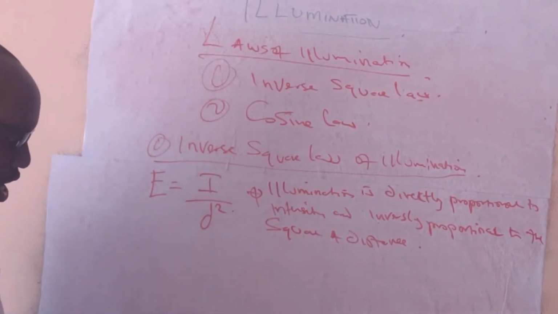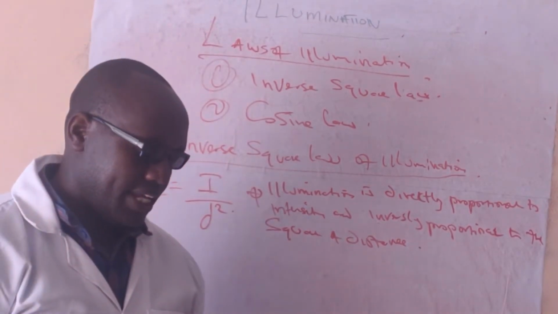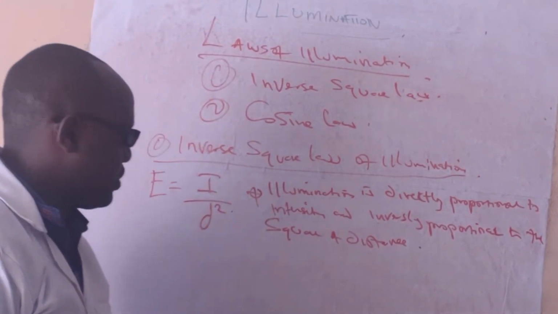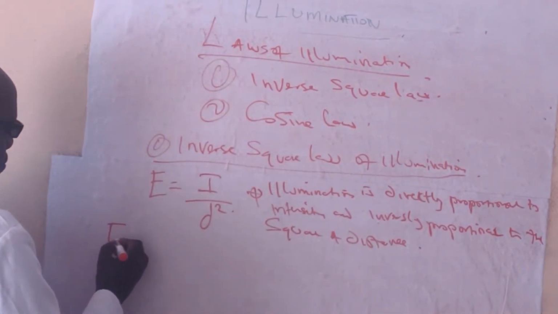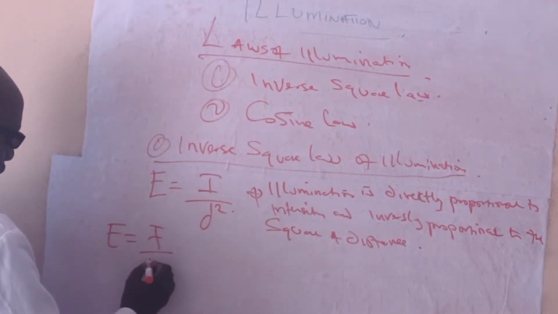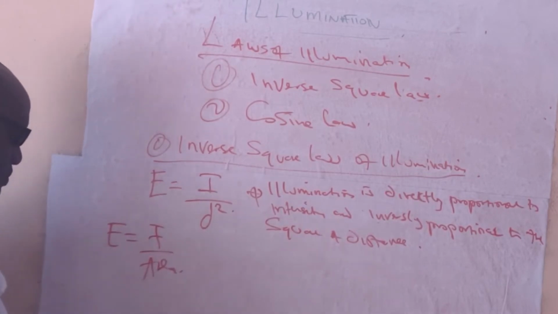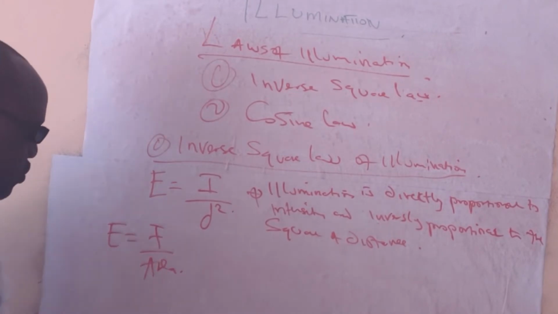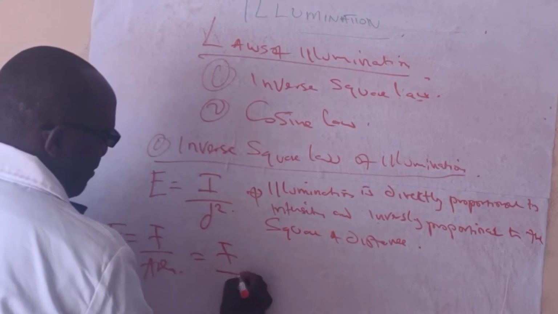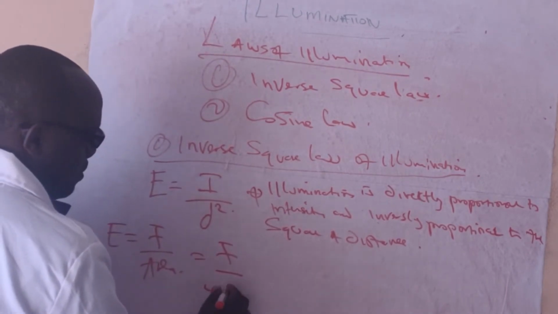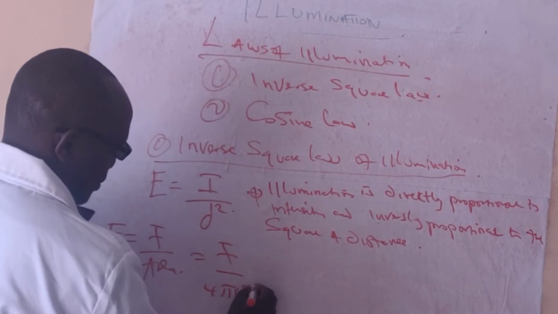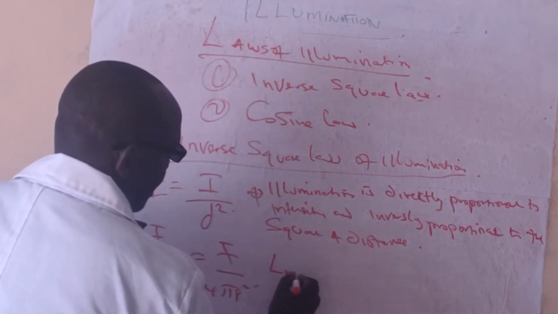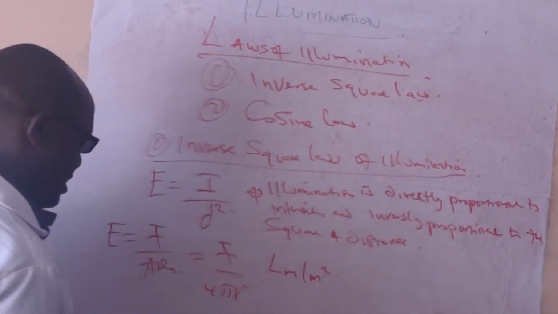So that is the formula. Now the illumination will be equal to force over the area, F over A. For example, if we have F, the area is usually 4 pi r squared, in meters squared.